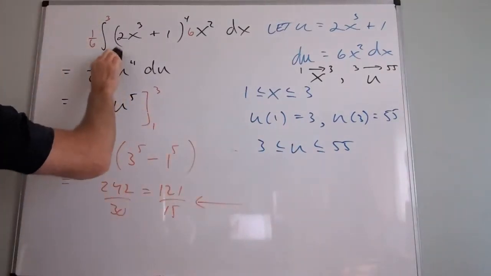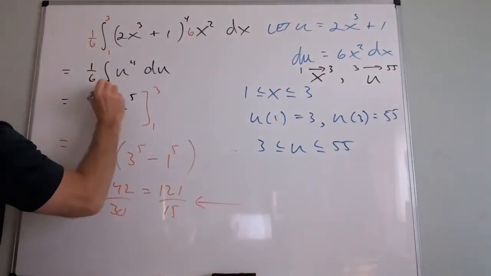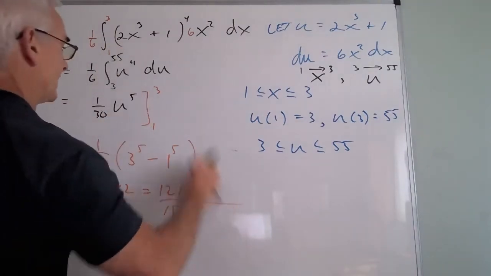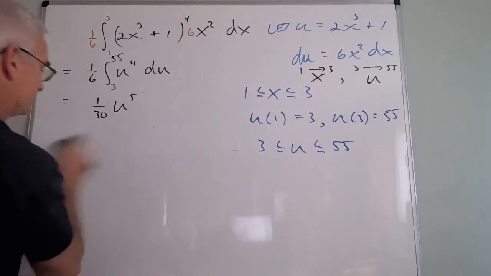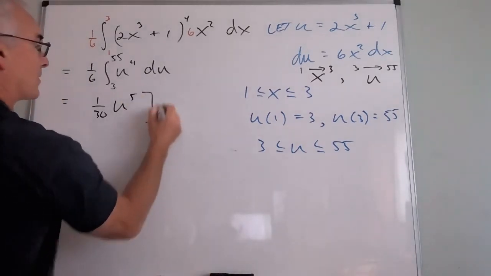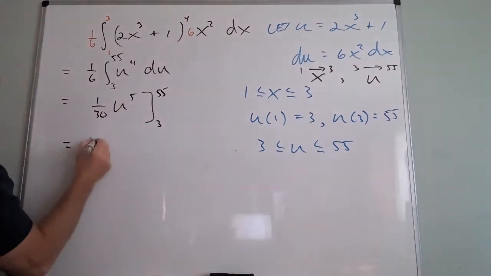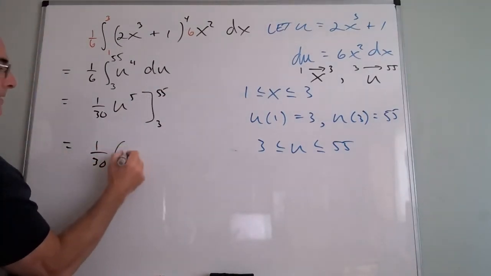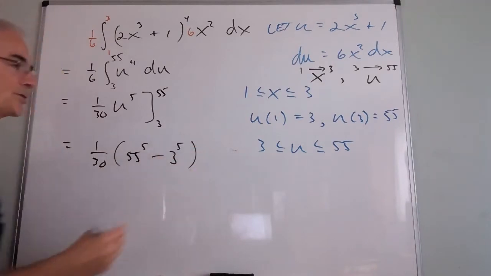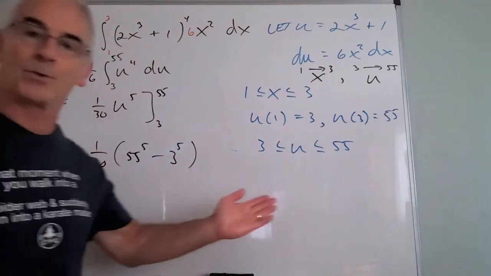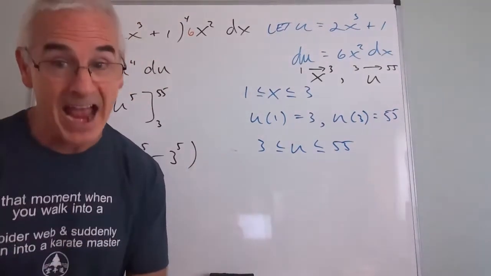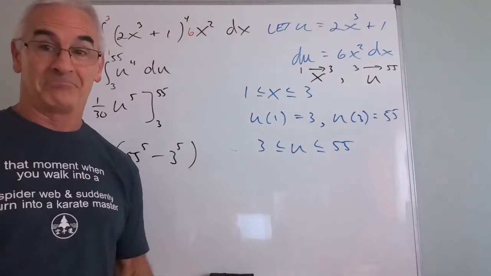Right here, I write from 3 to 55, which means at this point in the problem, this is ranging from 3 to 55. So my answer is 1/30th, 55 to the 5th power minus 3 to the 5th power, which should look exactly like what we did over here, except that we got there in exactly half the steps.